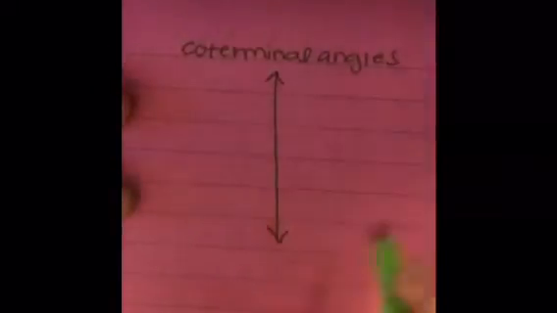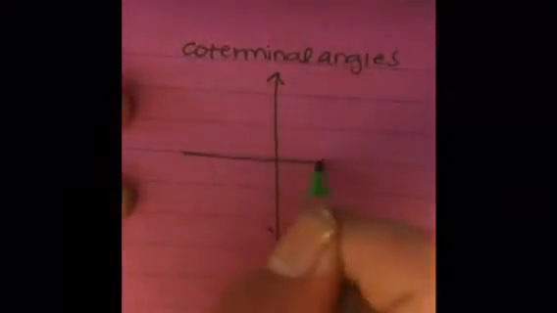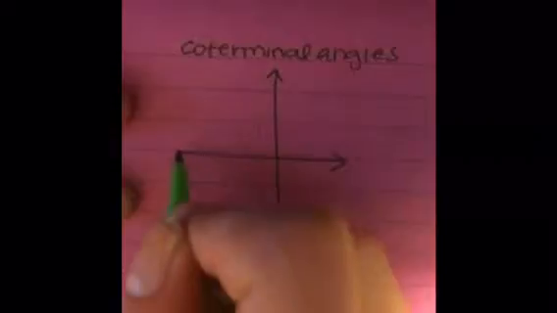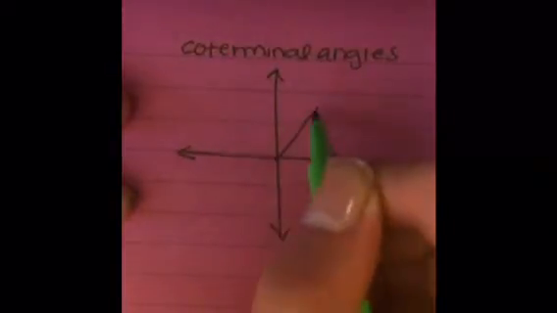So next we have coterminal angles, which are essentially angles that meet in the same place. So in this example we have 45 degrees as the first angle.